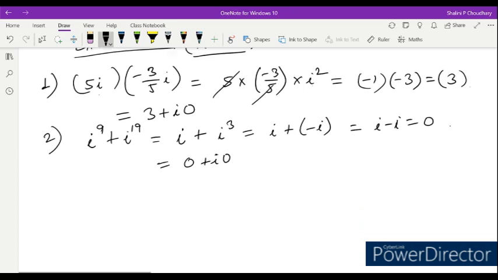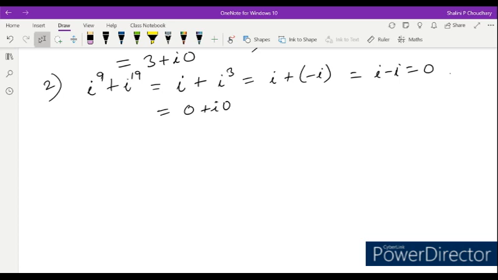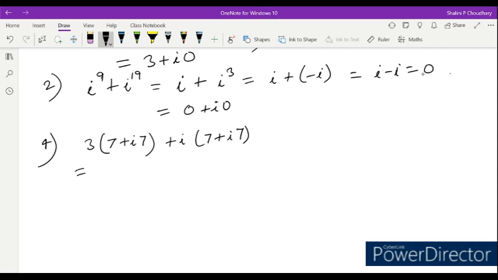Similarly, the third question is also there, we can do that. That is easy. Now we'll do the fourth one: 3 plus 7i into 7 plus 7i. So 3 into 7 will be 21, plus 3 into 7i will be 21i, plus i into 7 will be 7i, plus i into 7i will be 7 i square.